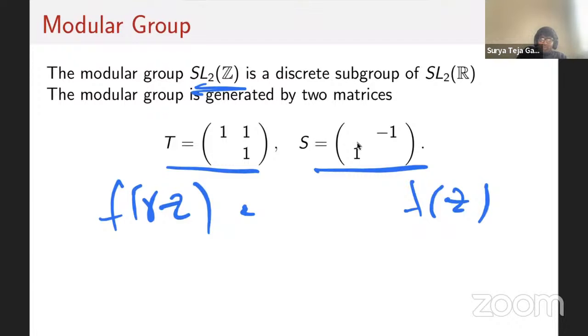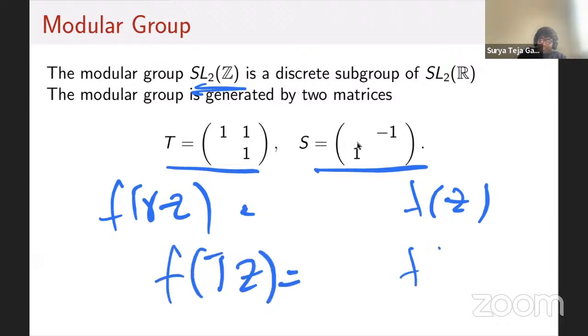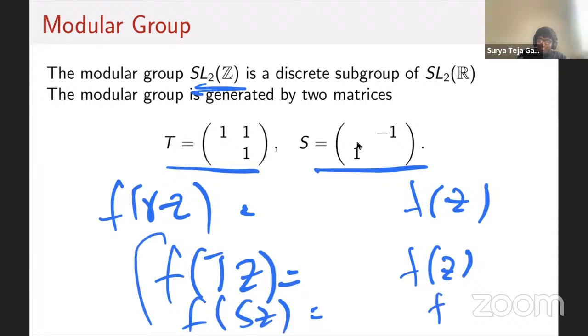So instead of saying that it is periodic under all those gammas, you can just say f of tz is something, f of sz is something. Instead of just one kind of period, it's periodic under these two kinds of actions.